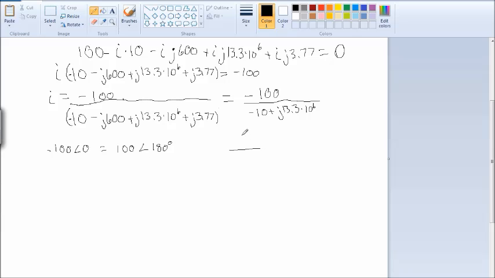As you can think about our axis over here. Remember whenever we said it was 100 over here? Well, if it's -100, it'll be 180 degrees out of phase. So let's call this, just like I said, 100 angle 180.